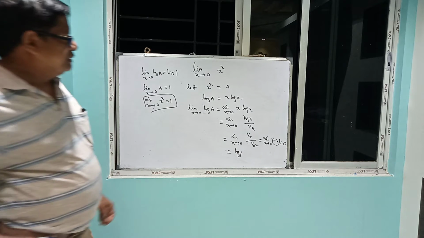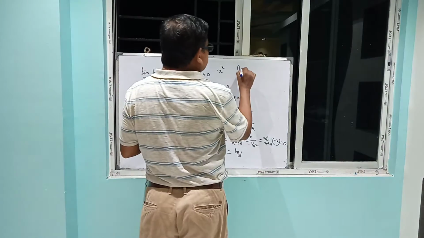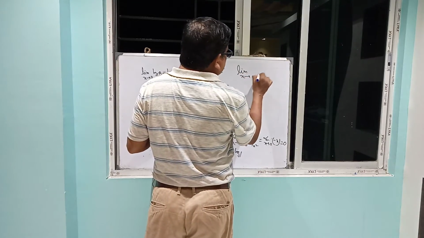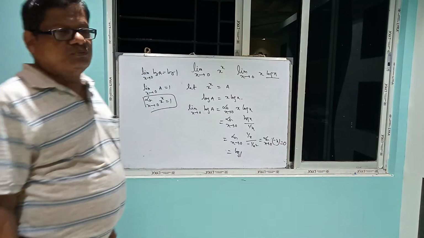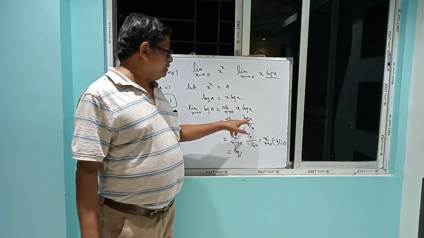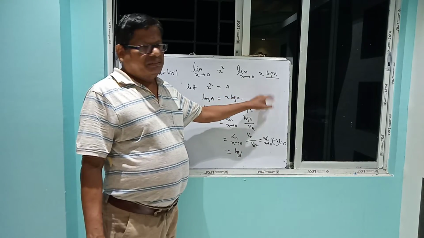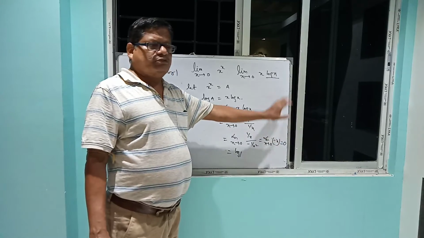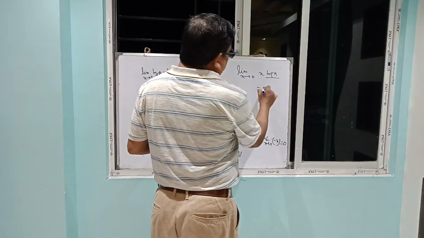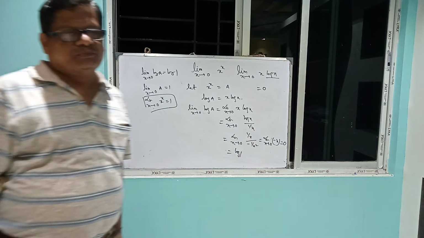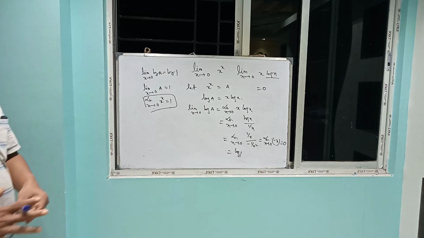Understood? Similarly, if limit x tends to 0, x log x, the value will be 0. Similarly, log x by 1 by x, you will get this value as 0. You can do it similarly using L'Hospital's rule.